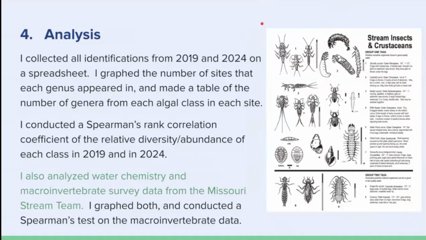I was able to get access, big thanks to Stream Team, for data going back to like 2000. I didn't use all of that, but I was able to compare that. And so I graphed that data, and I also conducted a Spearman's test for the macroinvertebrate data, comparing what existed pre-project clear, post-project clear. Okay, so we're gonna get onto our results, but first, here's some cool things I saw.